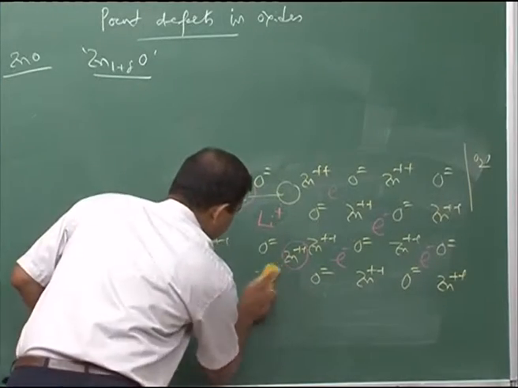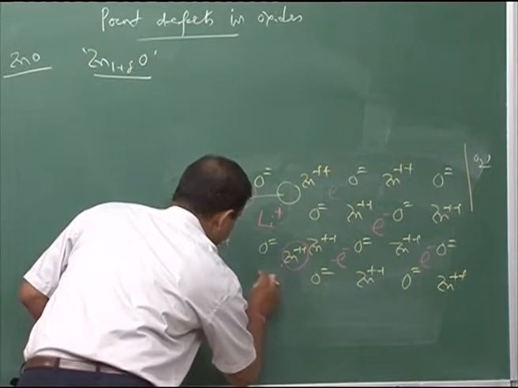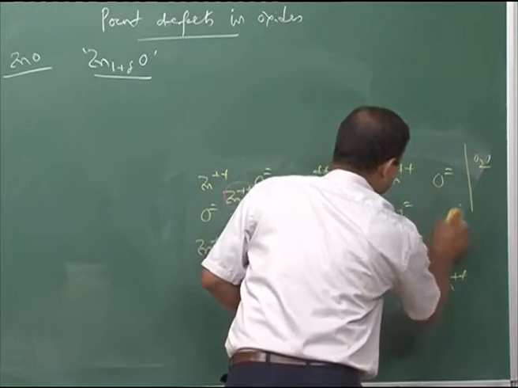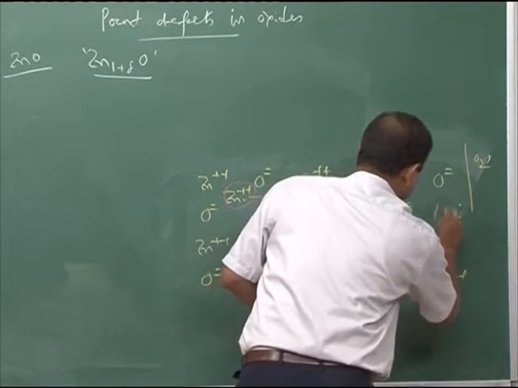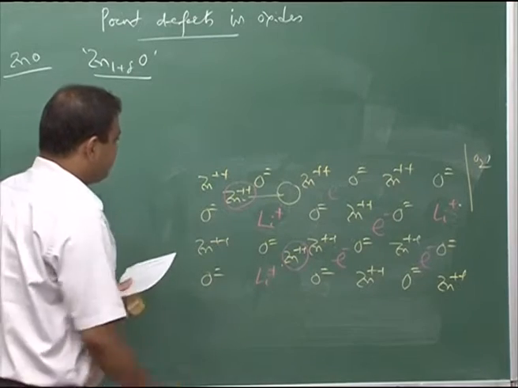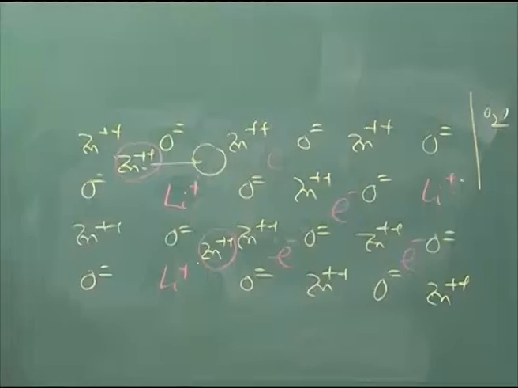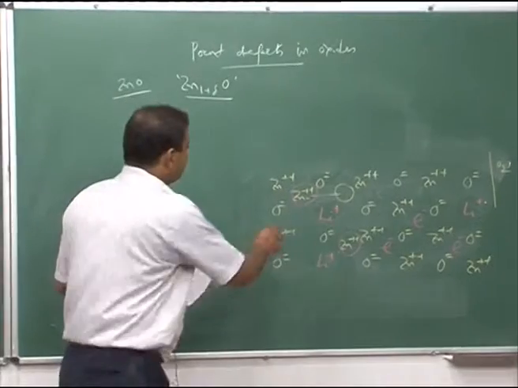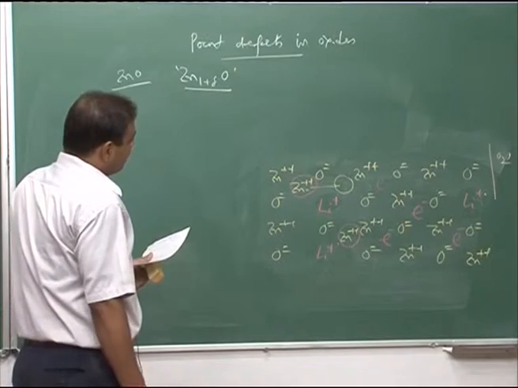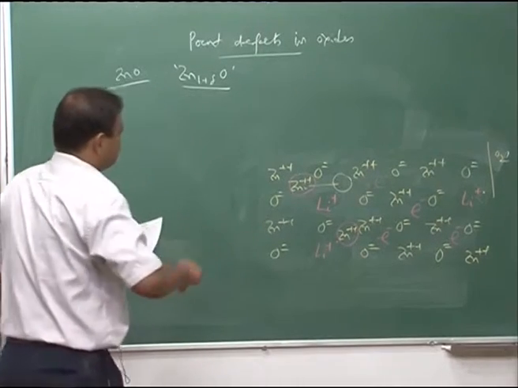Another one, let us replace with a lithium cation, and we can also replace one more cation with lithium plus. So, that means we are replacing 3 zinc cations with monovalent lithium cations. In that case, what would be the nature of this structure?